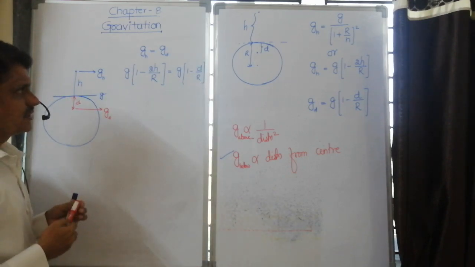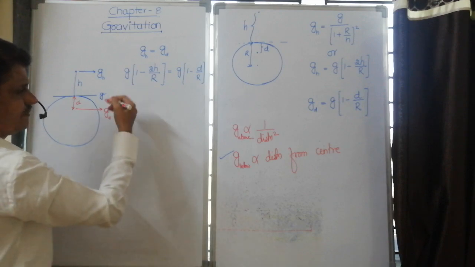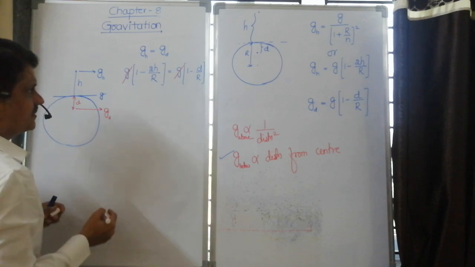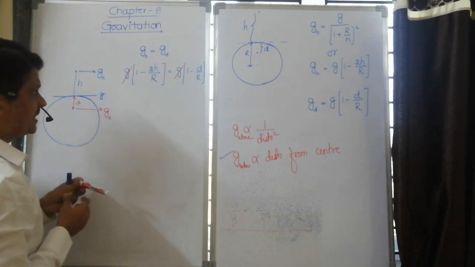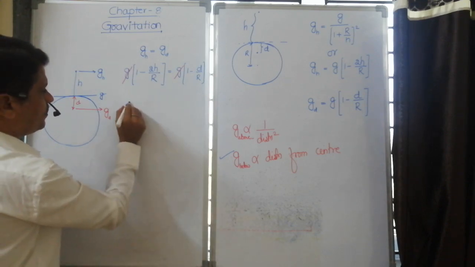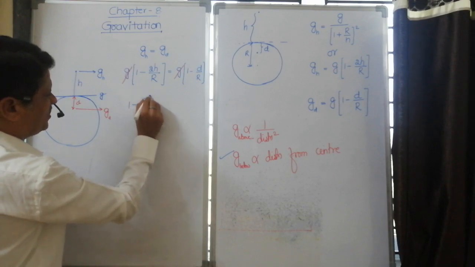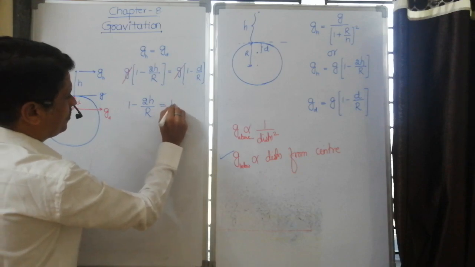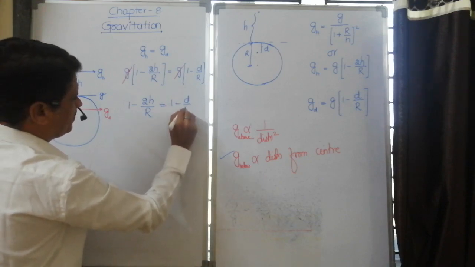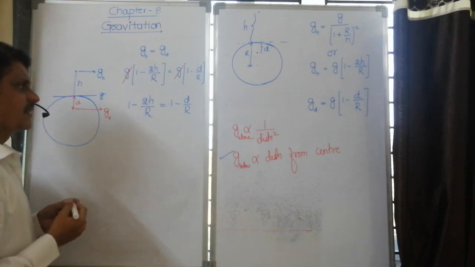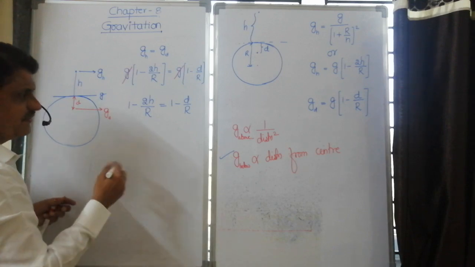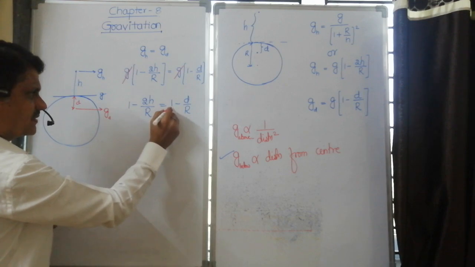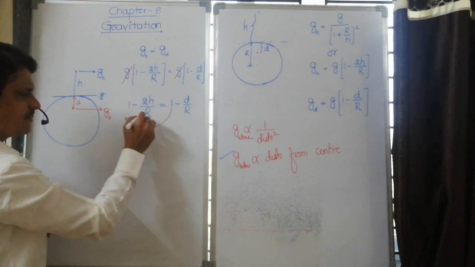Now you pause the screen and simplify. Okay, come on. So g and g get cancelled. And if I expand it, 1 - 2h/r is equal to 1 - d/r. Now, if you reshuffle the things, if you bring this 1 to this side it becomes minus 1.